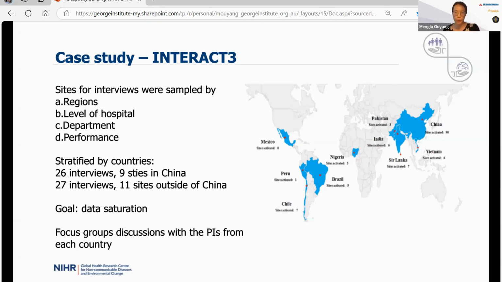And we did the process evaluation and data collection stratified by countries, because as you know from the previous sessions about the case study, we conducted the process evaluation in China as a vanguard phase, and also because nearly 80% of the participants were from China.